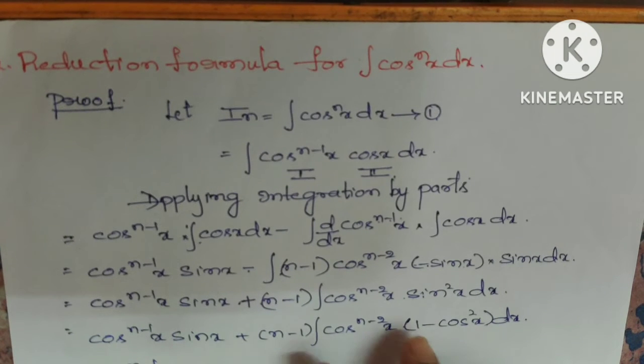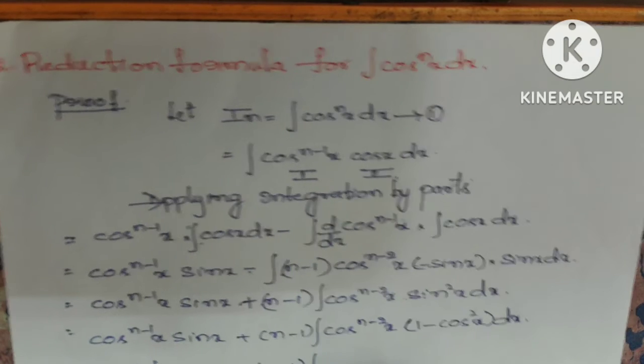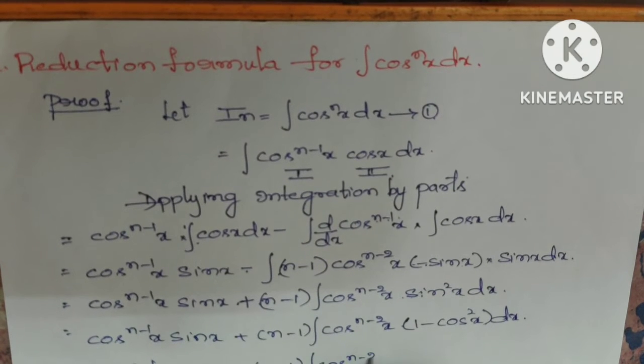So this equals cos power n minus 1x sin x plus, now I'll multiply this cos power n minus 2x inside the bracket. So I'll get two integrals here, n minus 1 into integration of cos power n minus 2x into dx.